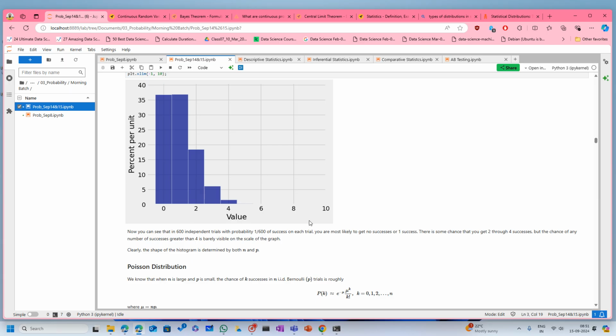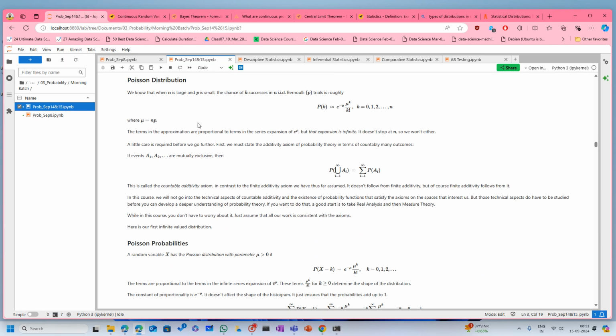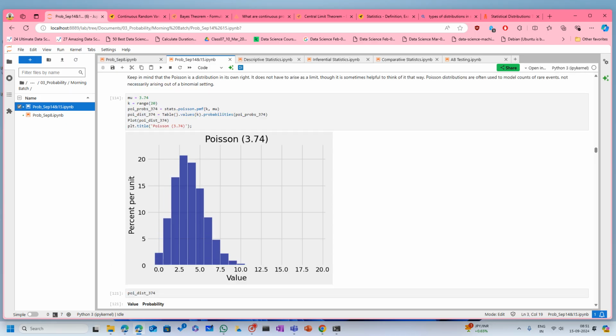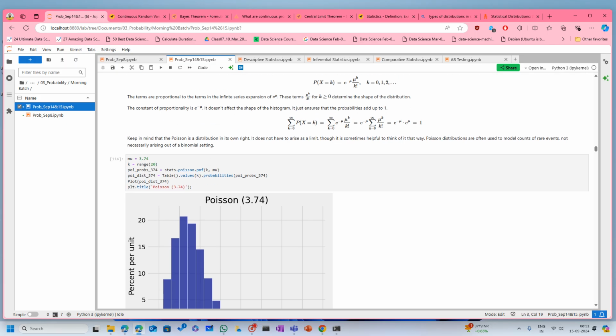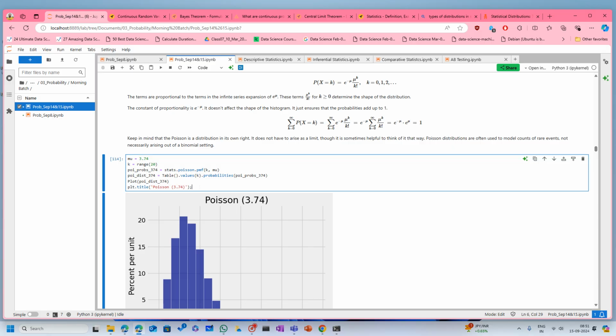So this was about binomial random variable. Next was Poisson distribution. In Poisson distribution, you calculate things like network traffic or the number of events happening within a time limit.